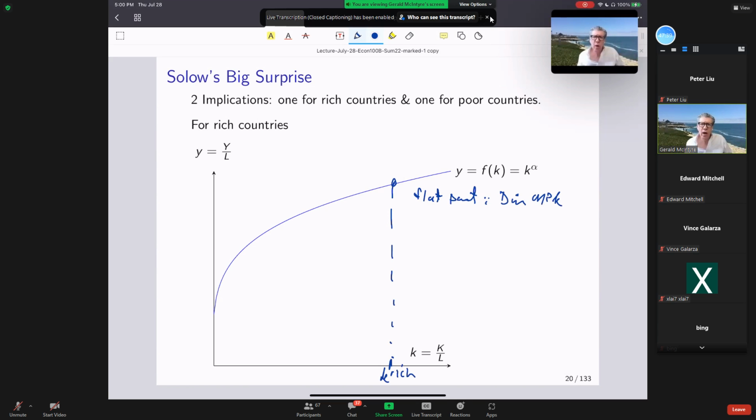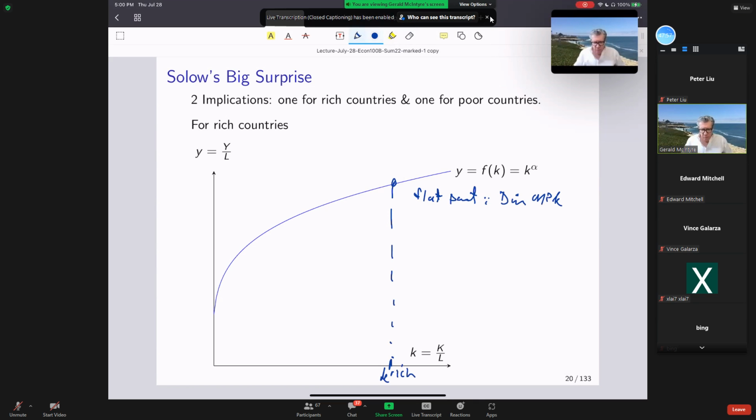And so what then is the implication? There's an implication here. Somebody's got to find it. I can't tell you. You have to find it.